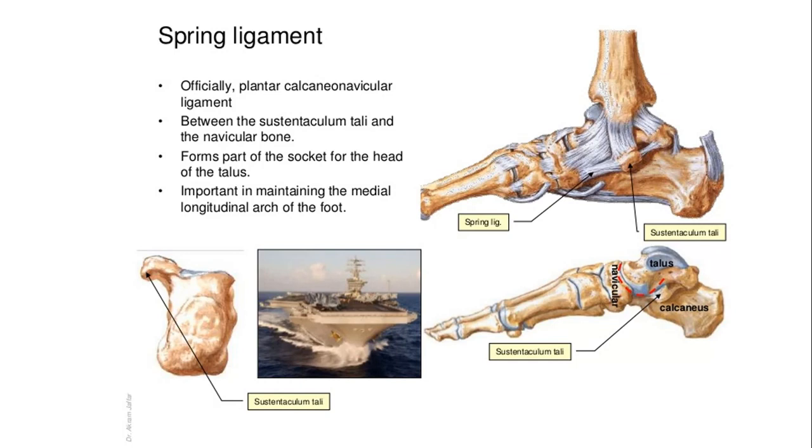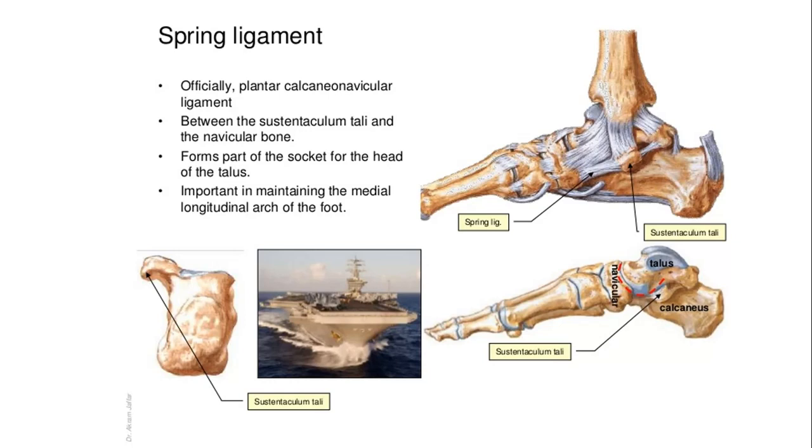This is because of this spring ligament. So if an MCQ comes in the exam about maintaining the medial longitudinal arch, and it is written that the spring ligament is a very important factor, that will be the correct answer.